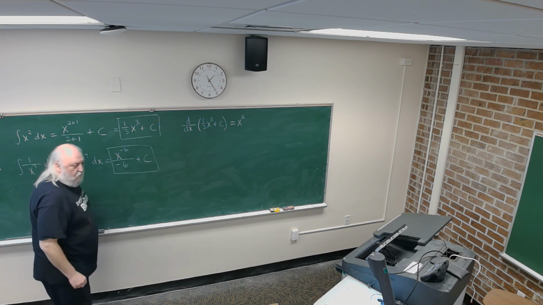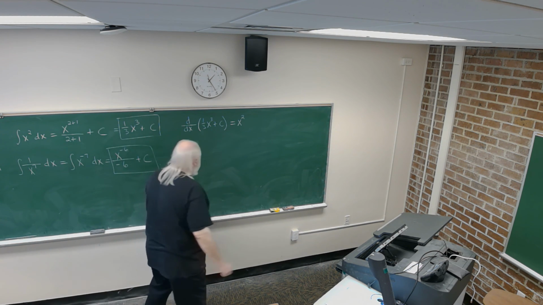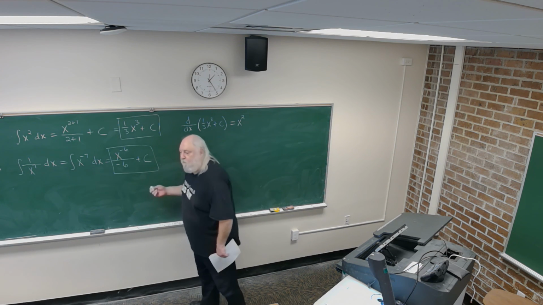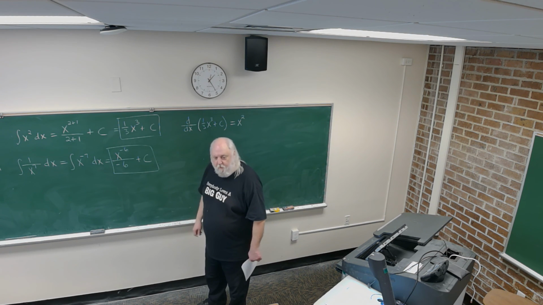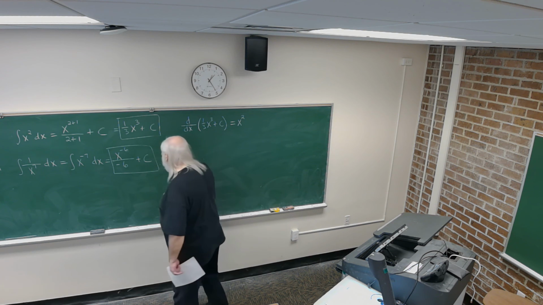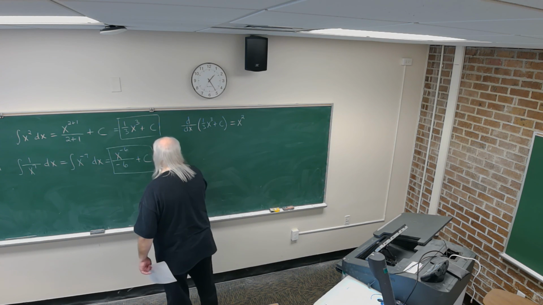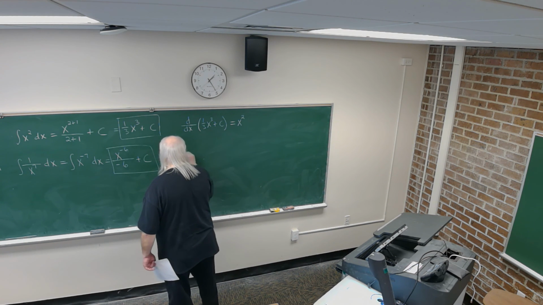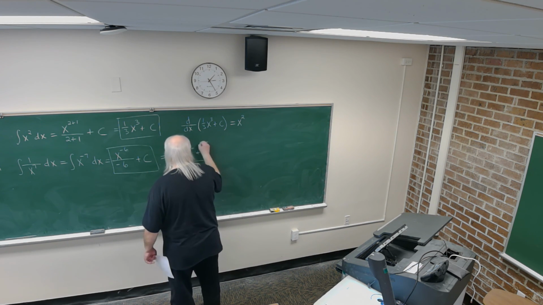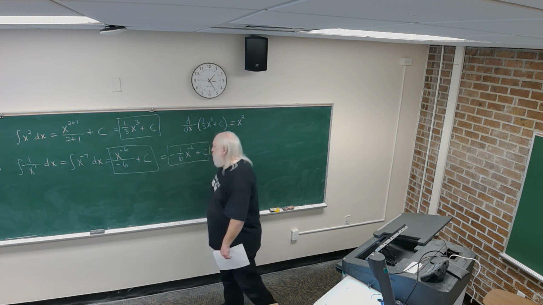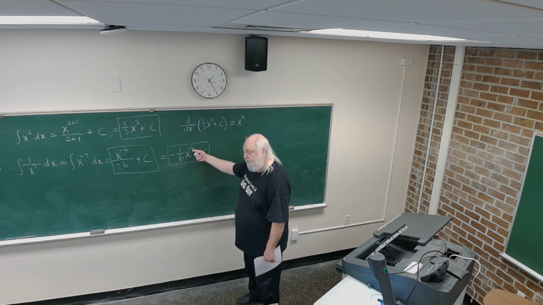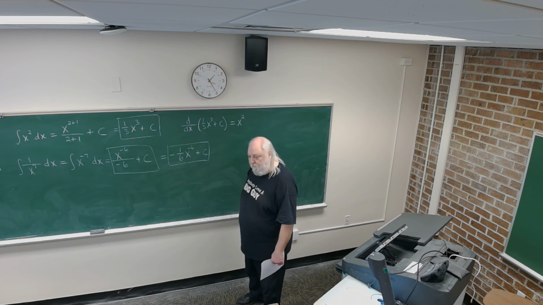Stop right there if you want, unless you're solving some kind of problem and you want to rewrite it to make the math easier. But this is also equal to minus 1/6 times x to the minus 6 plus c. And if you wanted to, you could write x to the minus 6 as 1 over x to the plus 6.